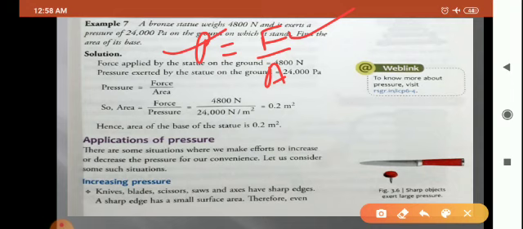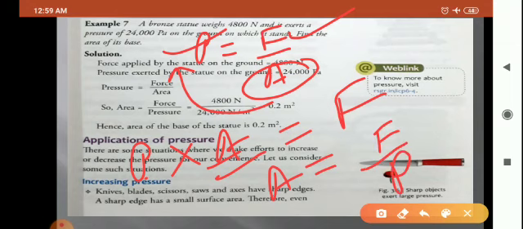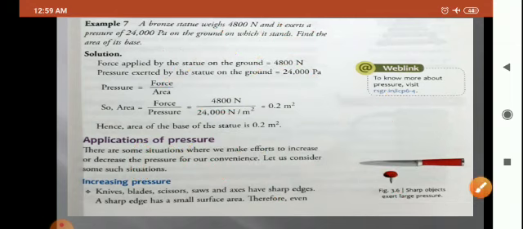You need to calculate the area of its base, the area of contact. So first you take this to this side, it will become pressure into area of contact is equal to force. Now since you have to calculate area of contact, make it alone. Pressure is multiplying here, so on this side what will it become? Divide. So area of contact is equal to force upon pressure. Now you will put in the values and you will get the answer.